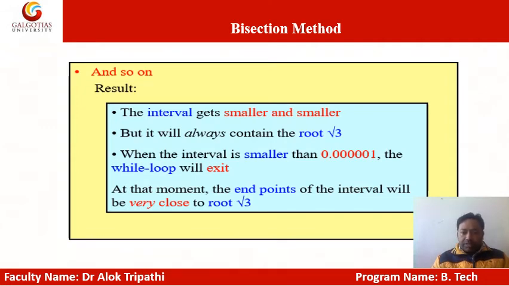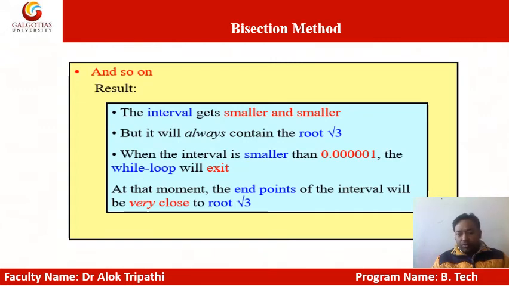Now when the interval is smaller than a certain quantity, and this quantity is not fixed, it is up to you. When the size of the interval is smaller than 1 upon 2 into 10 to the power minus n, we shall end our process. What is n here? n is the number of decimal places.